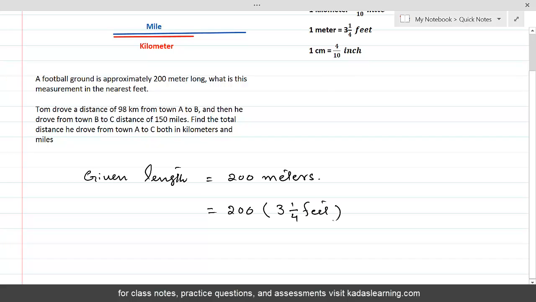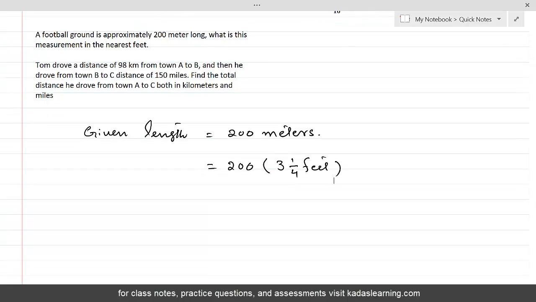So this is the equivalent of a meter. And now we have 3 whole 1 by 4 as a mixed fraction, which is harder to multiply with 200. Therefore, we will convert this into an improper fraction. We first multiply 4 with 3 and then add 1 to the sum, and write 200 times 13 over 4 feet.